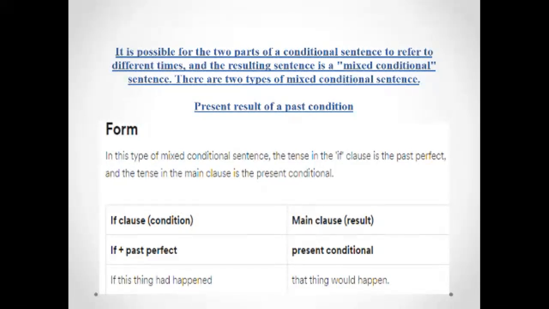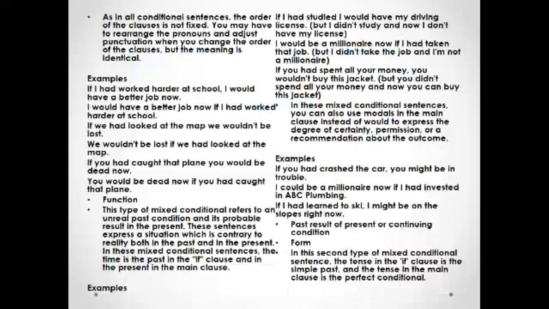If clause: if plus past perfect; main clause: present conditional. If this thing had happened, that thing would happen. Демек, егер бұл нәрсе кеше жүз бергенінде, that thing would happen. Демек, қазіргі нәтижесін көрсетіп өтуіміз керек болады.